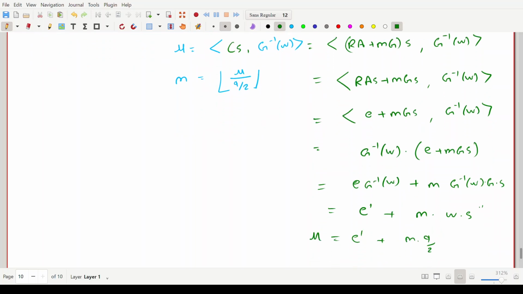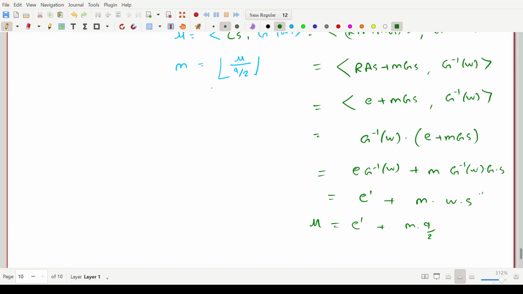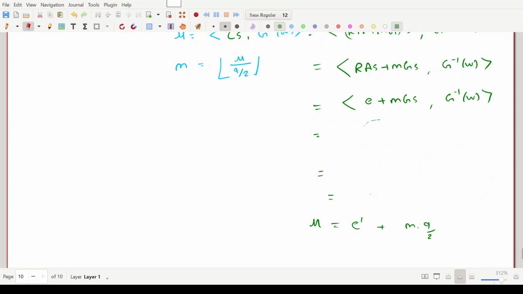Even if we had done G inverse of W multiplied directly, there was no problem in this case. If you directly multiply, then also there is not at all an issue. This would be the perfect one.